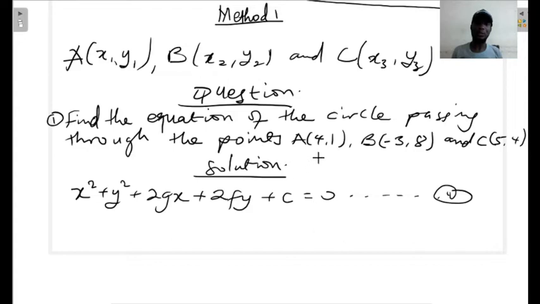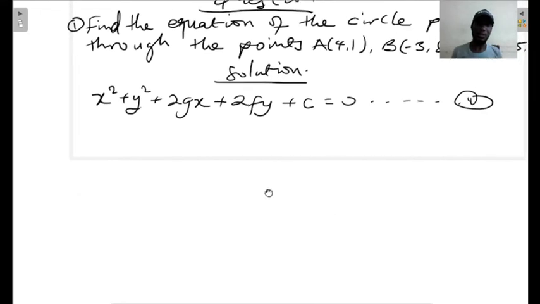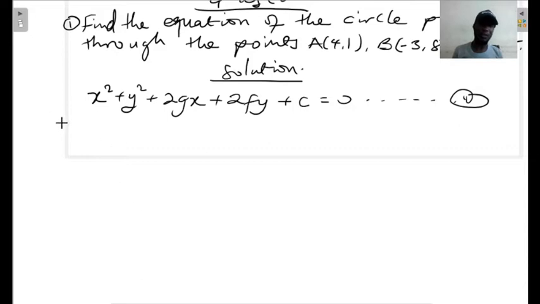Now we are going to substitute the coordinates of each of the 3 points into this general equation. Let's start with the very first one, the point A with coordinate (4, 1). We substitute this one for x and this one for y.